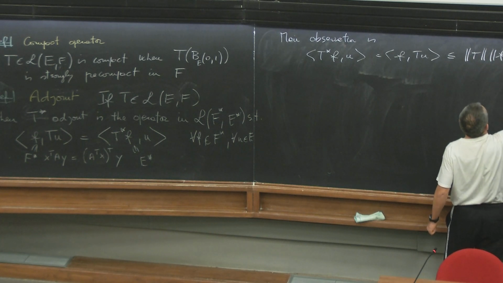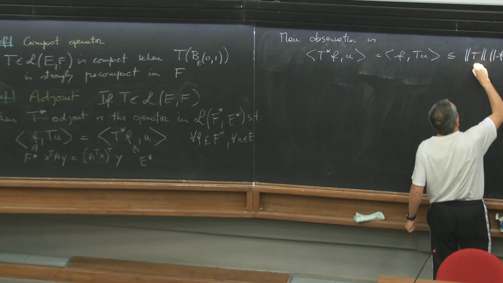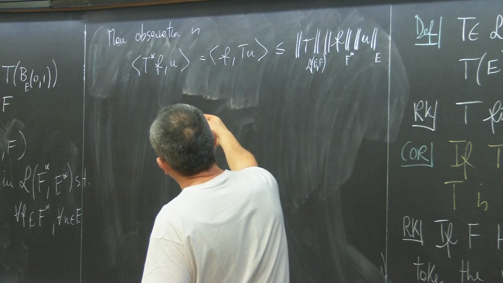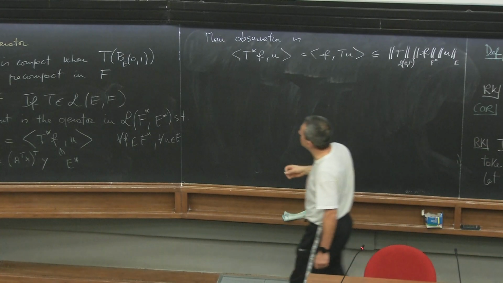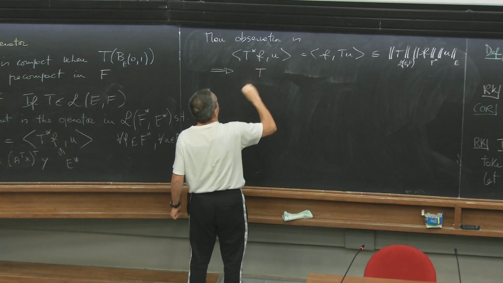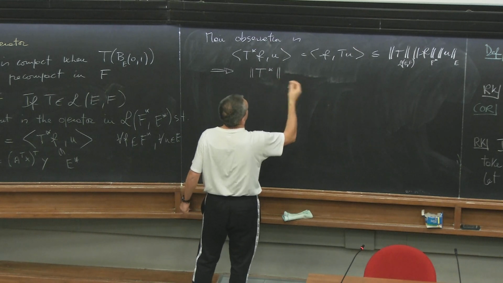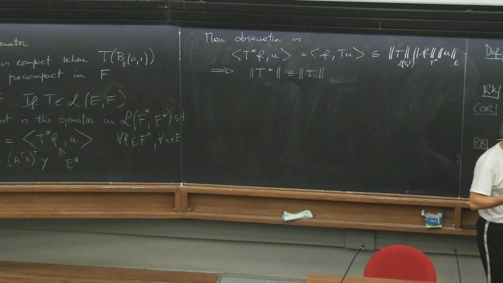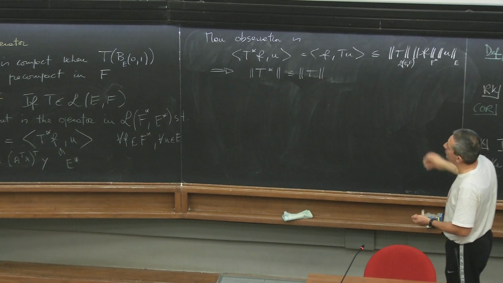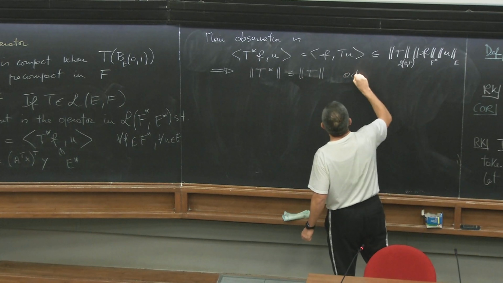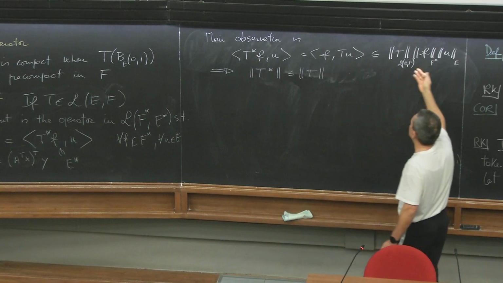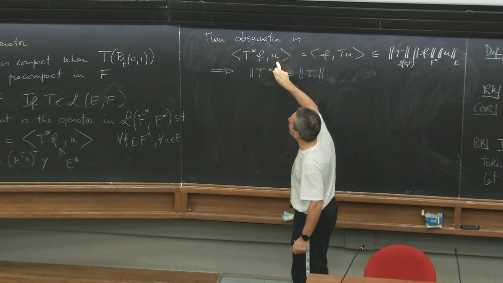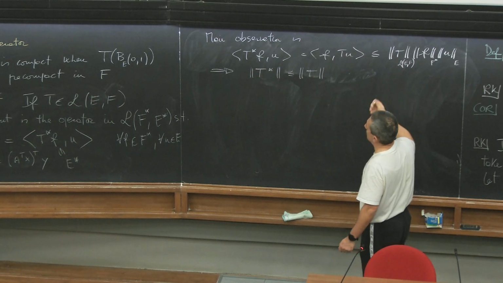Here f is in F star, u is in E, and T is in the space of linear operators from E to F. Now if we take the supremum with respect to u and then with respect to f, we deduce that the norm of T star is less than or equal to the norm of T. But if we choose f and u carefully, there exists an f such that this is less than epsilon, and for that f, this object gives that the norm is greater or equal.